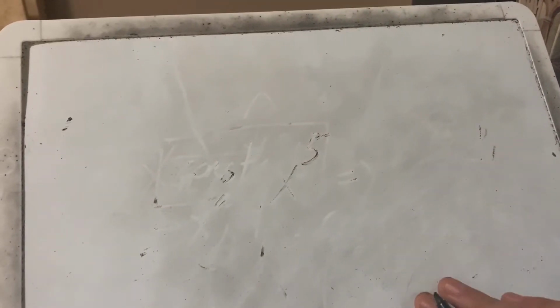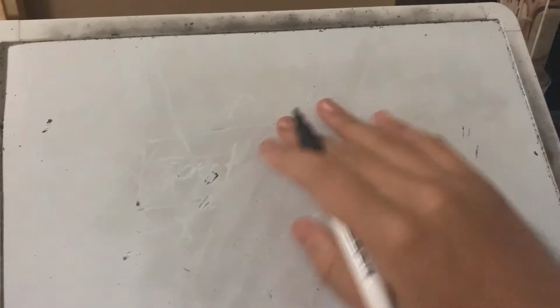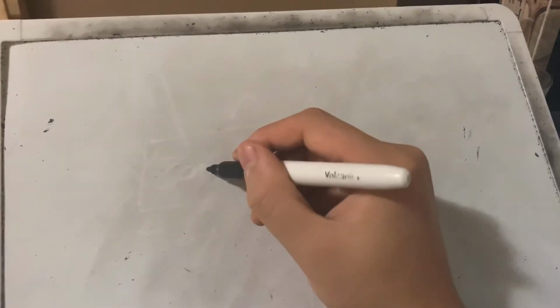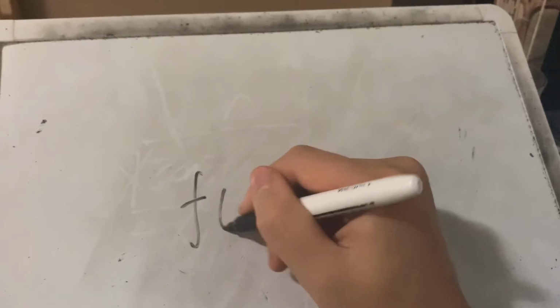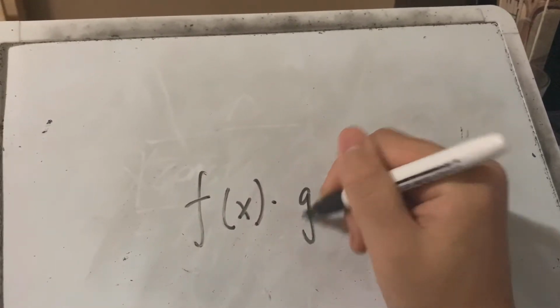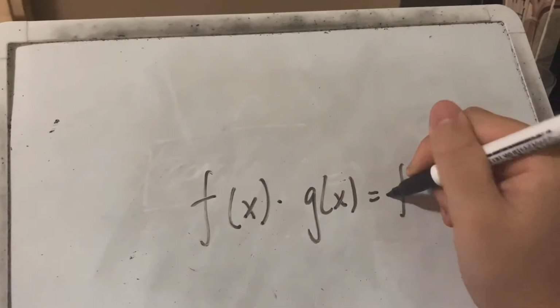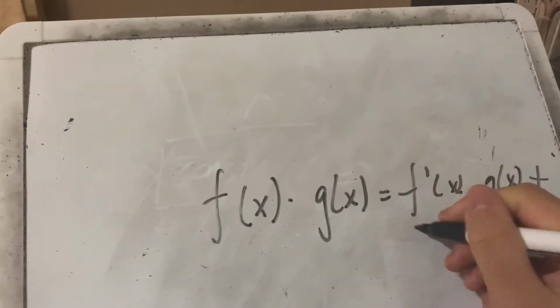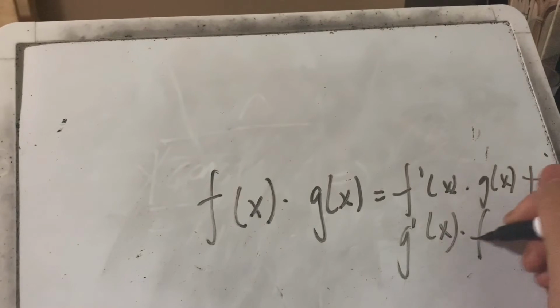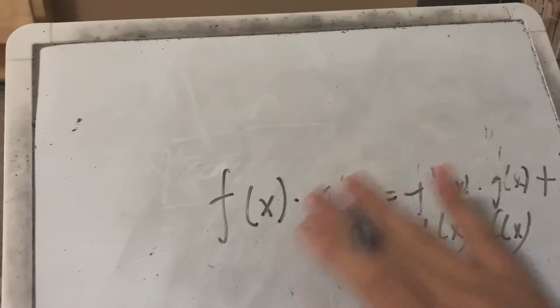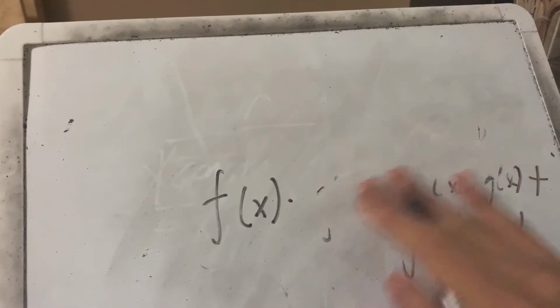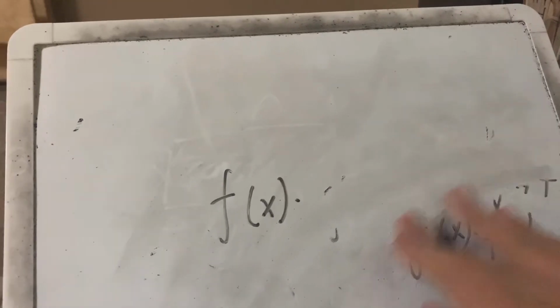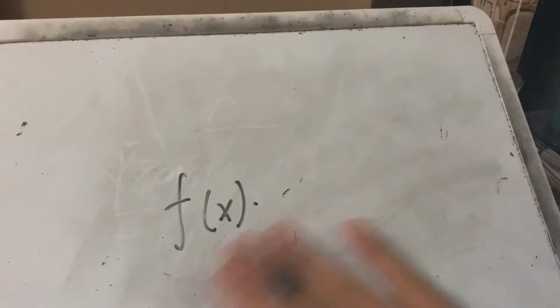There are several rules, like the product rule, where f(x) times g(x) has derivative f prime of x times g(x) plus g prime of x times f(x). And the chain rule.